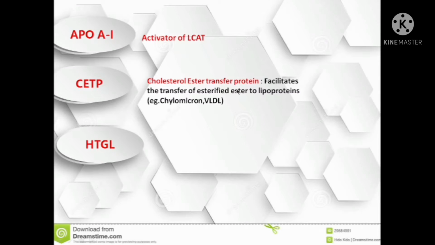Next, cholesterol ester transfer protein, CETP. It facilitates the transfer of esterified cholesterol to lipoproteins.